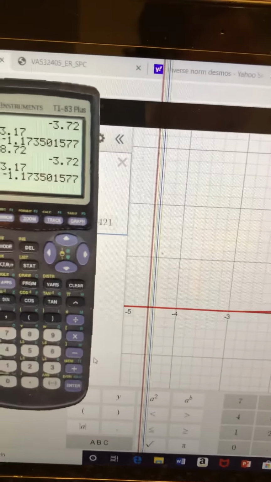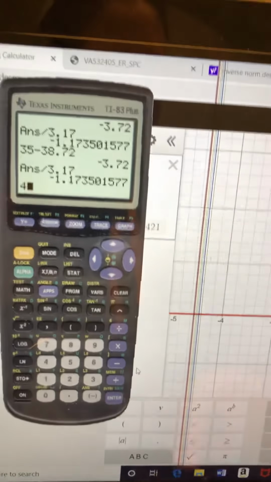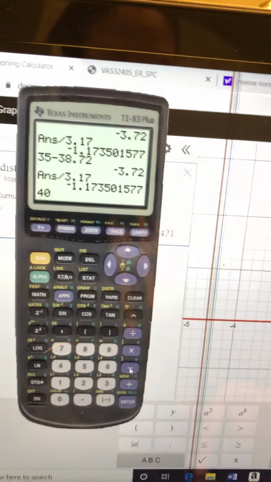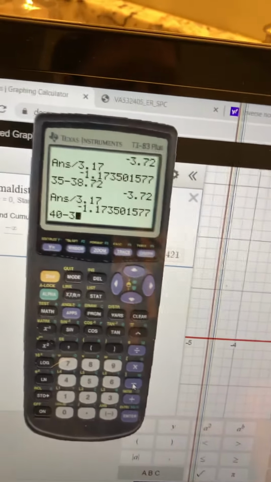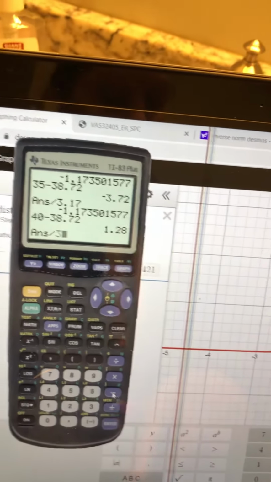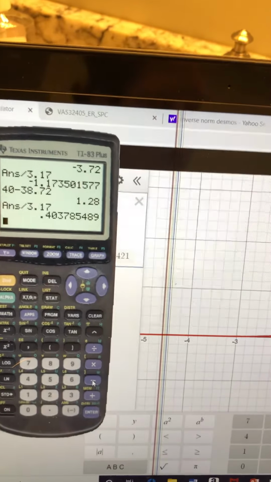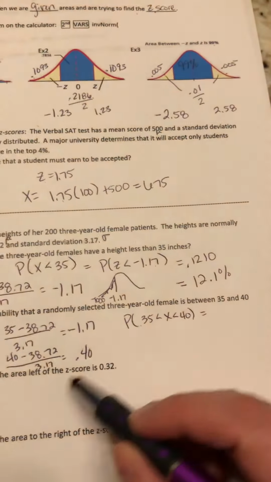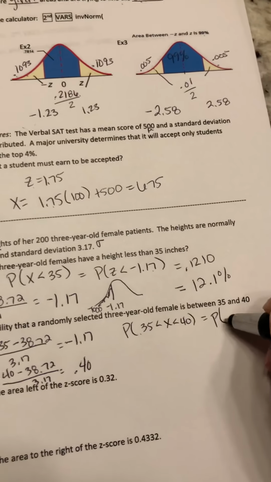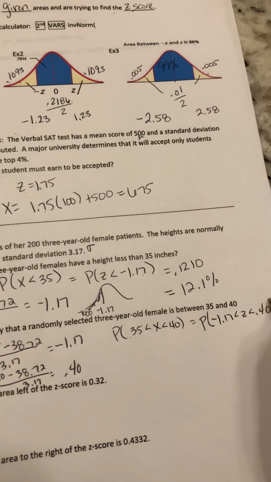We already did that one in the first one, but anyways, like I said, it's always good to verify things. 40 minus 38.72 divided by 3.17 gives us 0.40. So the probability that X is between these is the same as Z being between negative 1.17 and 0.40.